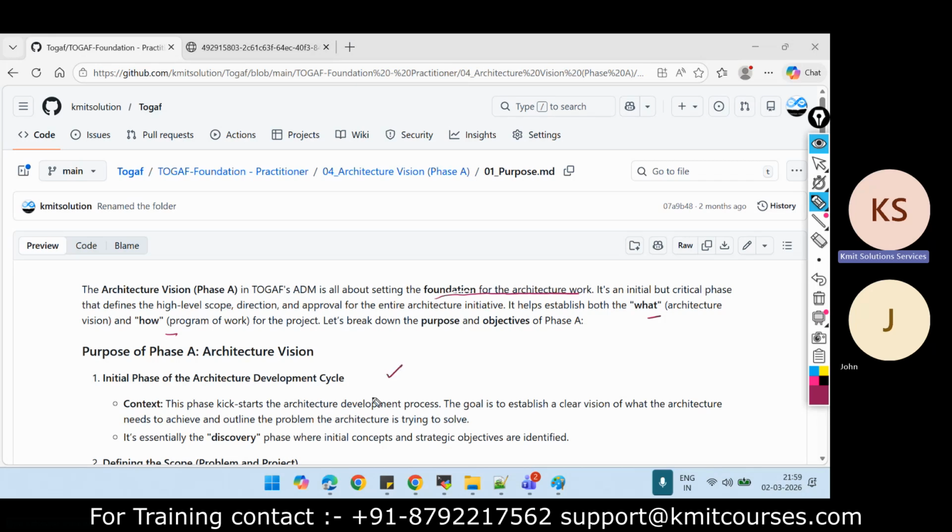Initial phase for the ADM context, kickstart for the architecture development process. The goal is to establish a clear vision of what architecture needs to achieve, and outline the problem the architecture is trying to solve. It is essentially the discovery phase, where initial concepts and strategic objectives are identified.